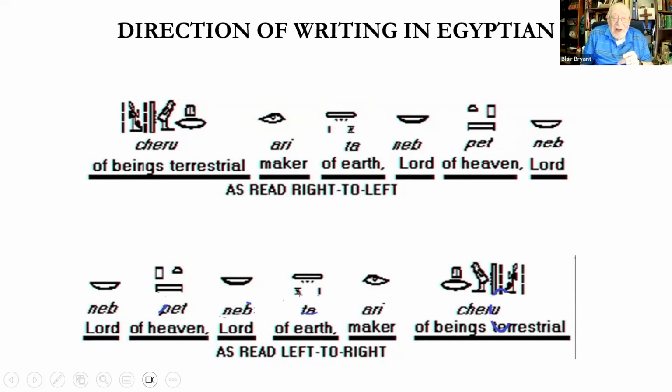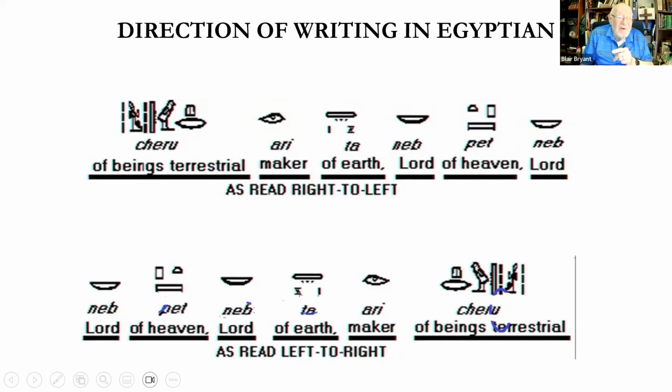But the Egyptian writing was always in the direction that the characters faced. Well, no, there aren't any characters here except for that chick and this man kneeling back here. And here, the same thing, but notice how they're reversed. This is the way that they would appear in the Egyptian text.